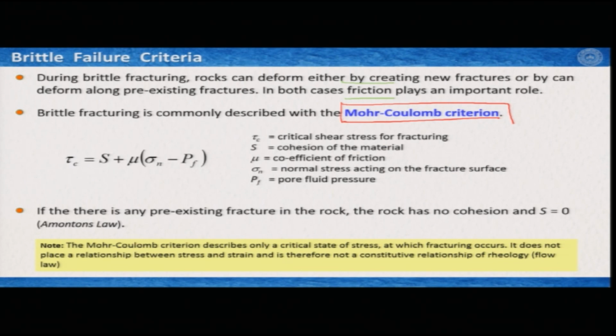I would also like to remind you that this is not a flow law, because, as we learned in one of the previous lectures, a flow law takes care of three major parameters: one is the dynamic parameter, second is a kinematic parameter, and they are balanced by a rheological constant. In this case, this is not such an equation. So, this is not a constitutive equation, but a law or criteria of failure, you can think of it this way.